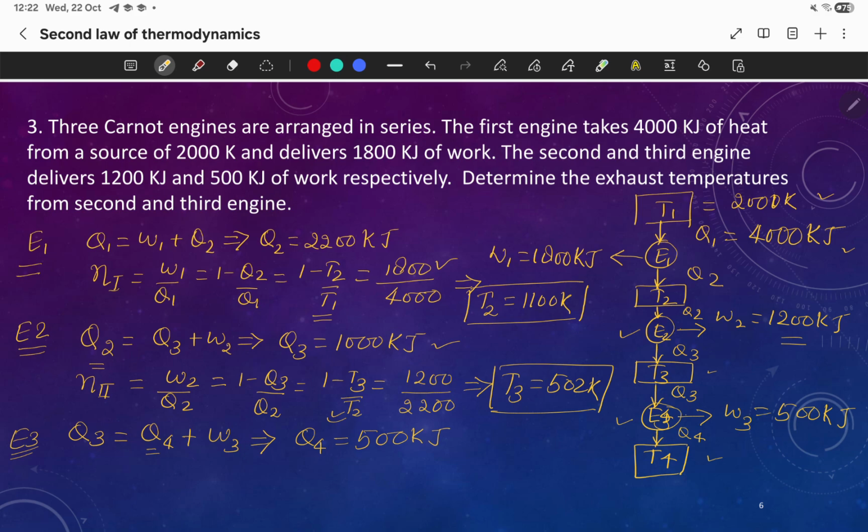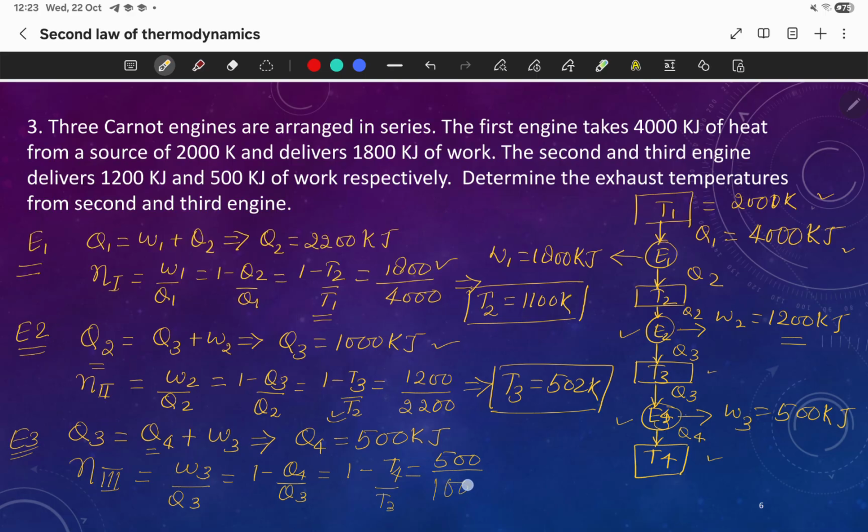Now write the efficiency formula for heat engine 3. This will be W3 upon Q3, or 1 minus Q4 upon Q3, or 1 minus T4 upon T3. This equals 500 upon Q3.